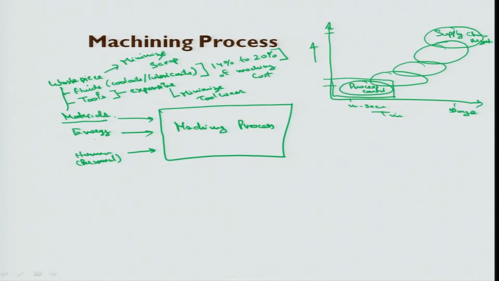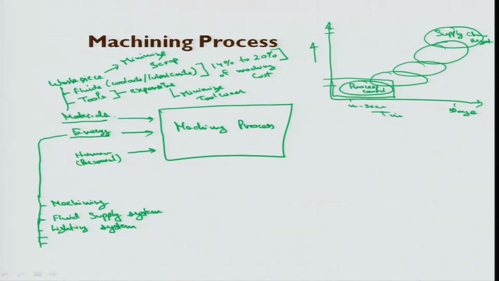Next is energy. Now energy is consumed in machining itself, and other components, other systems in my machine tool, that is our fluid supply system, then lighting system, and similar systems also consume energy. So here what we are more concerned about is the variable energy.